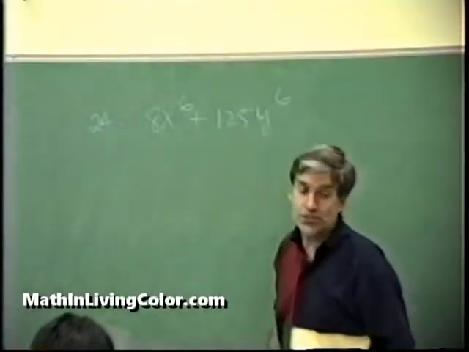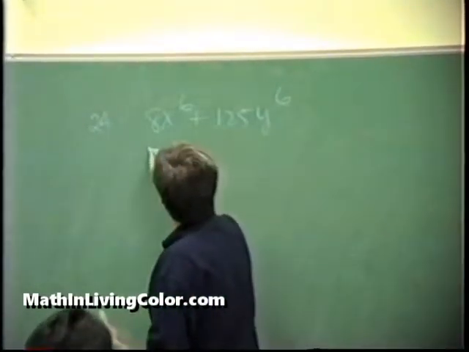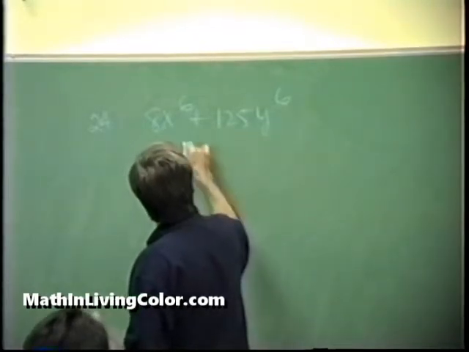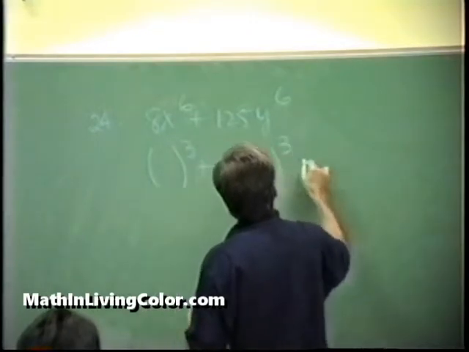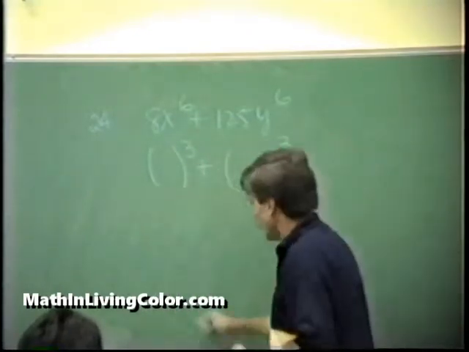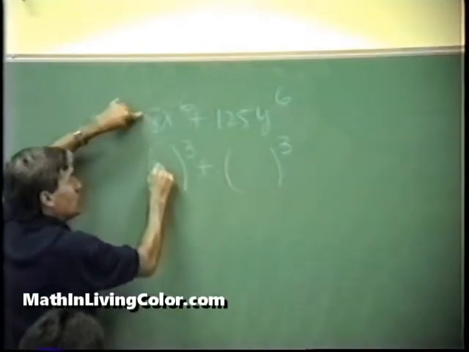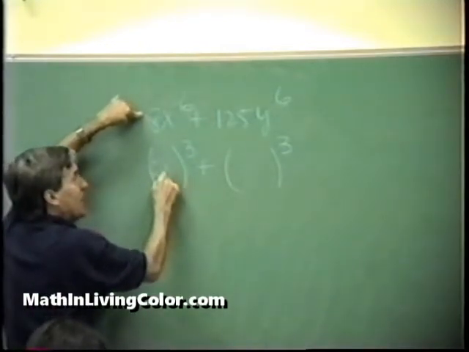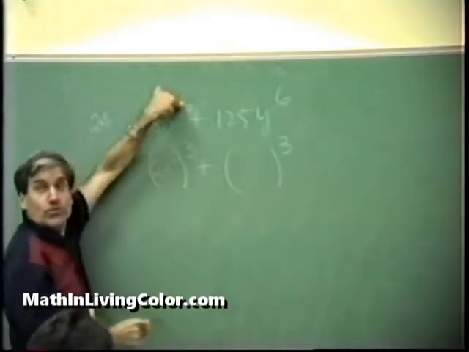Now there's a big question here. What is going to be the binomial? So let's take this and figure out what would it be that you'd have to have cubed plus what cubed? 2x squared. All right? Now, in order to get 8x to the 6th, we're going to have a 2, aren't we? And an x squared to the third would be x to the 6th, wouldn't it?